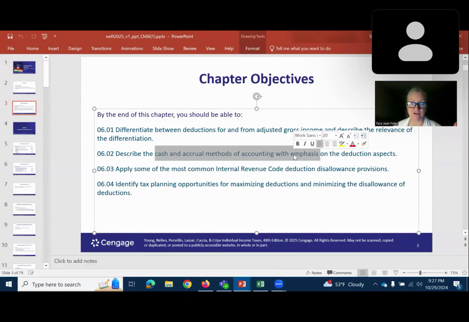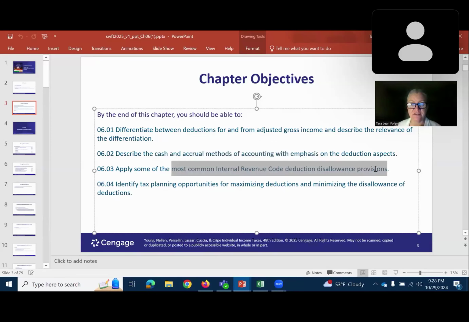You don't record that journal entry until you've collected the money. And I went through journal entries of sales and expenses on account and sales and expenses with the cash method. So we're going to talk about this in a little bit more detail, of when you can use the cash method and when you can use the accrual method. Also some disallowance provisions, things that you're not allowed to do.